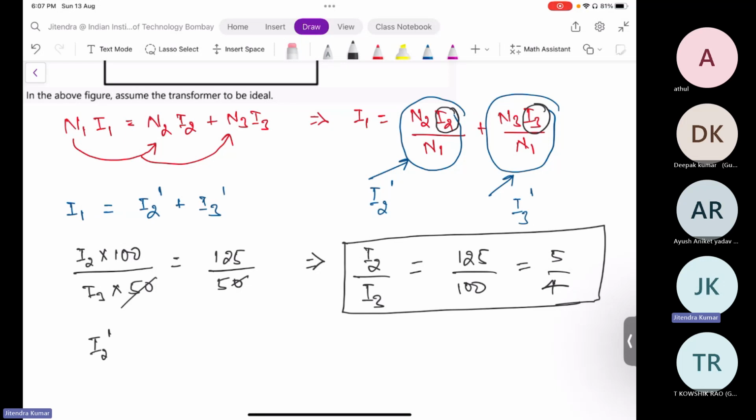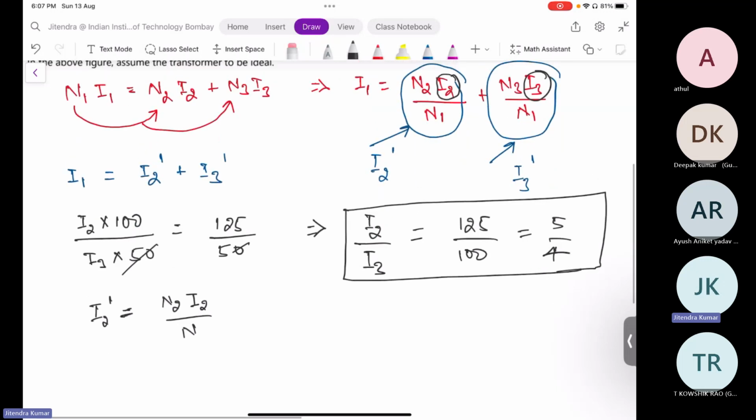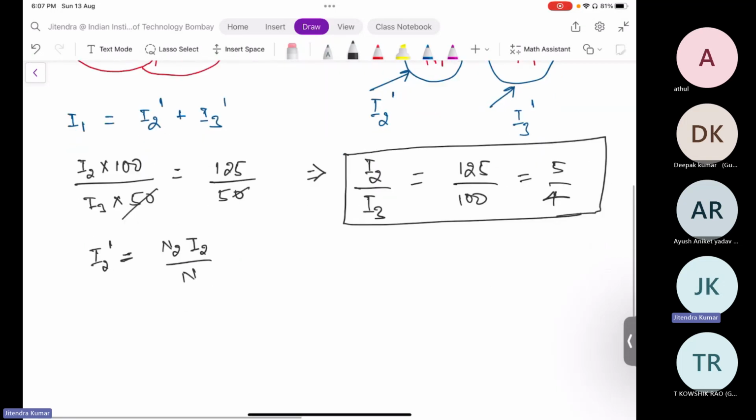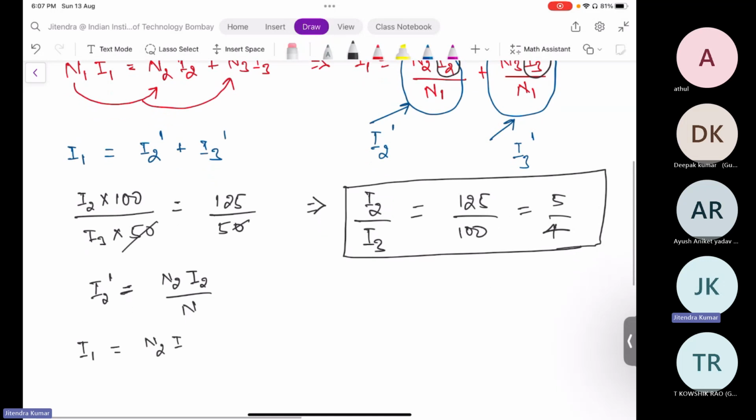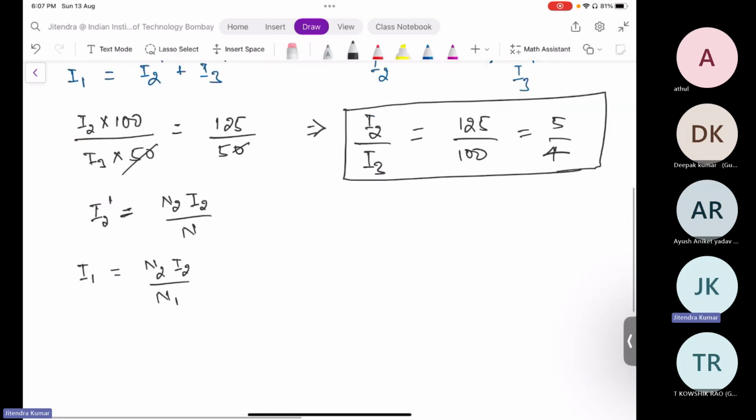Now to find out I2 dash and I3 dash, I1 is equal to N2 I2 by N1 plus I3 dash, which is N3 I3 by N1, and I3 is nothing but 4 by 5 I2.